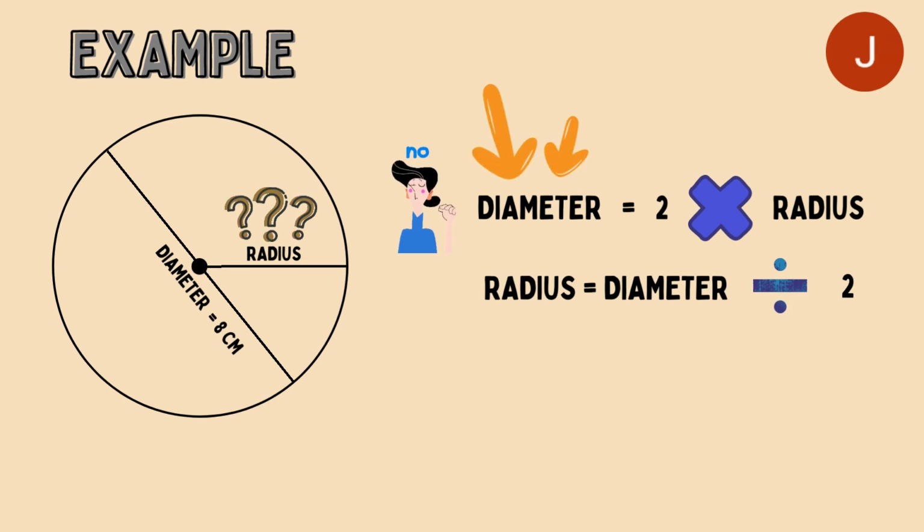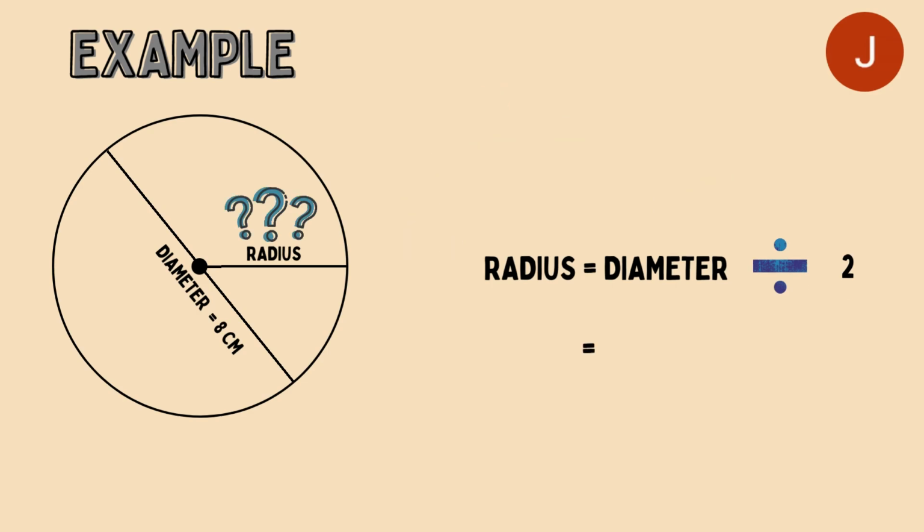Now, remove the first one real quick and move to the second one, because the second one says radius is equal to diameter divided by 2, and this is what I want to find, the radius. Now, writing the formula, radius is equal to diameter divided by 2. The first thing I do is I replace the diameter by the value given, which in this case is 8. I now drop divided by 2.